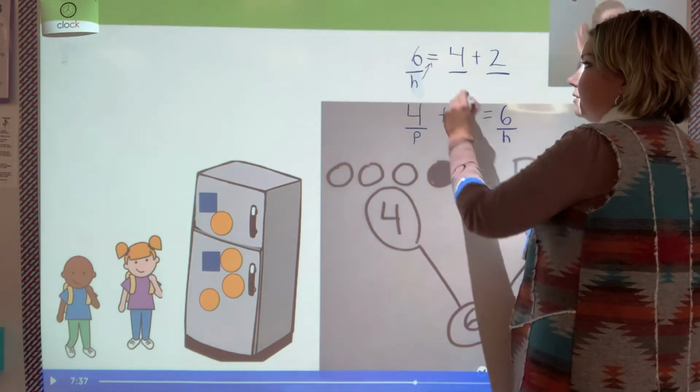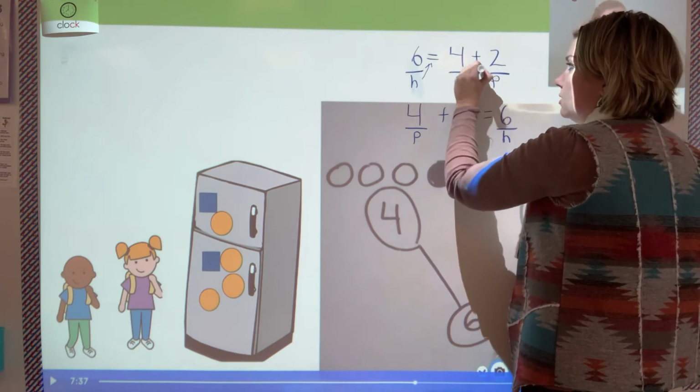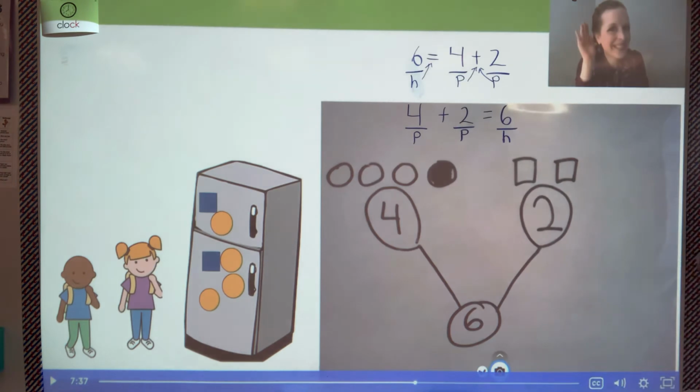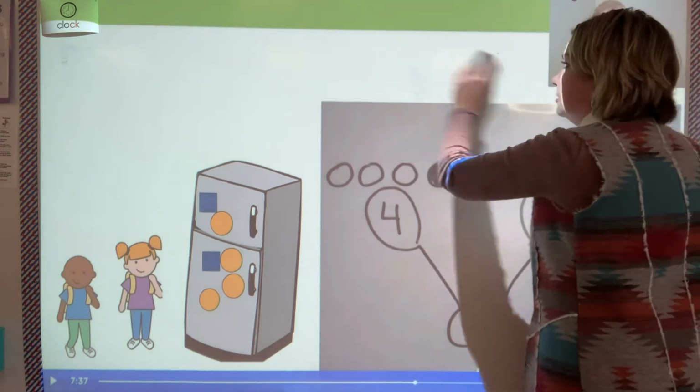Equal sign and my two parts are next to the plus sign. So it's still the same. Let's see what Miss Emily does.